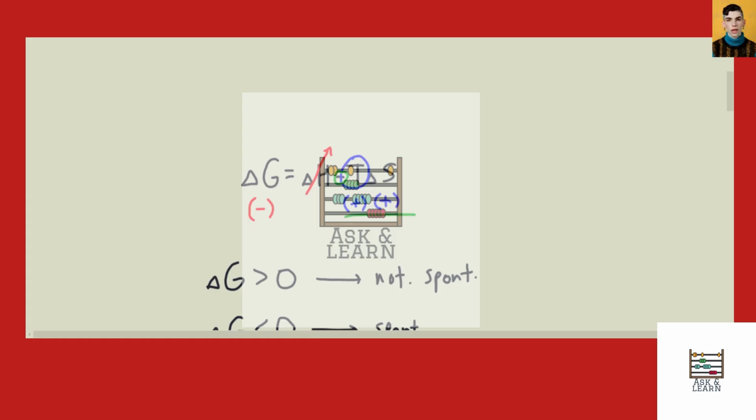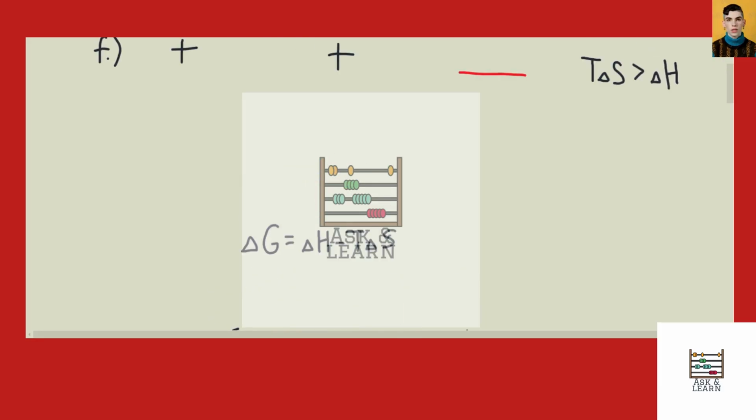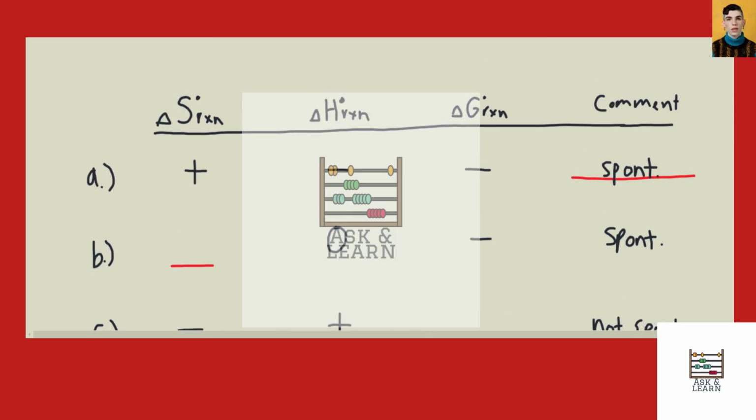But with that negative sign in front, that corresponds to a negative value. And that would make sense in order for us to have a negative value for delta G. So that's why for part B, given the information that we do know, the sign for delta S has to be positive. So we can fill that in.